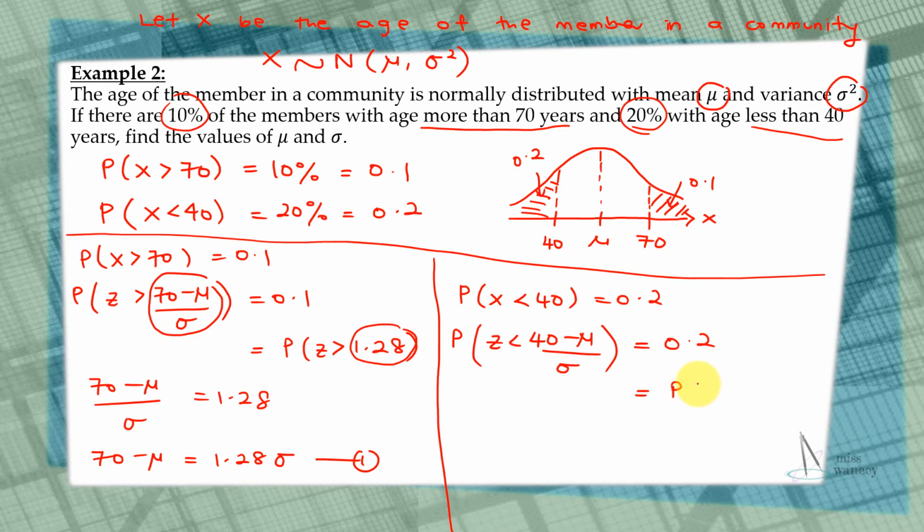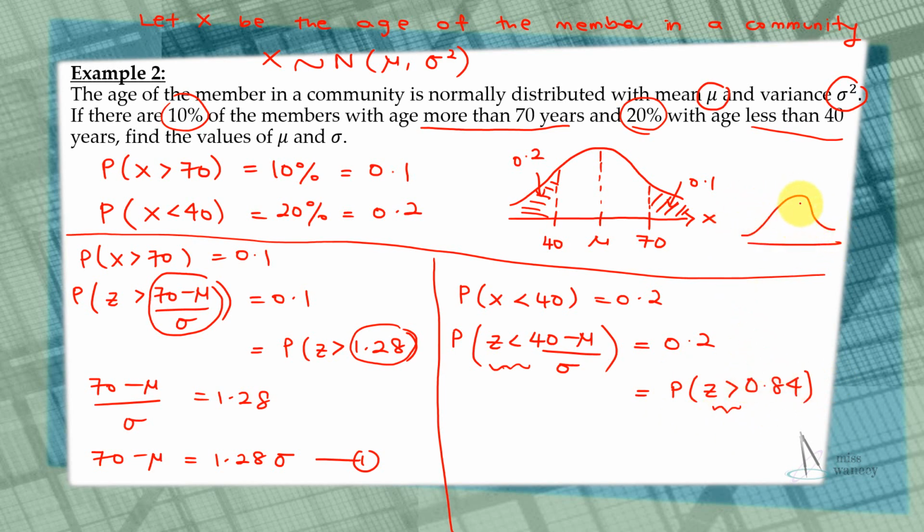Based on your table, for 0.2, z should be greater than 0.84. As you can see, one is z less than and the other is z greater than, so we have to change one of them to make the numbers comparable.